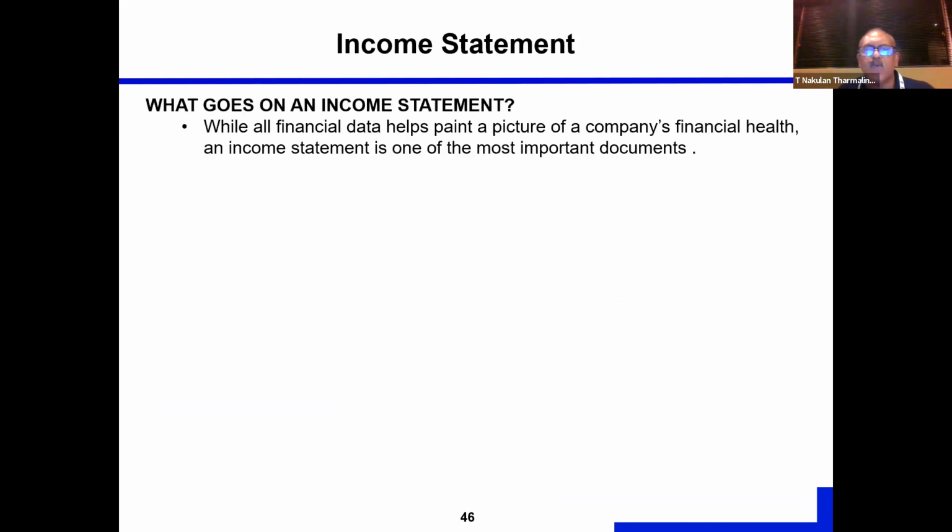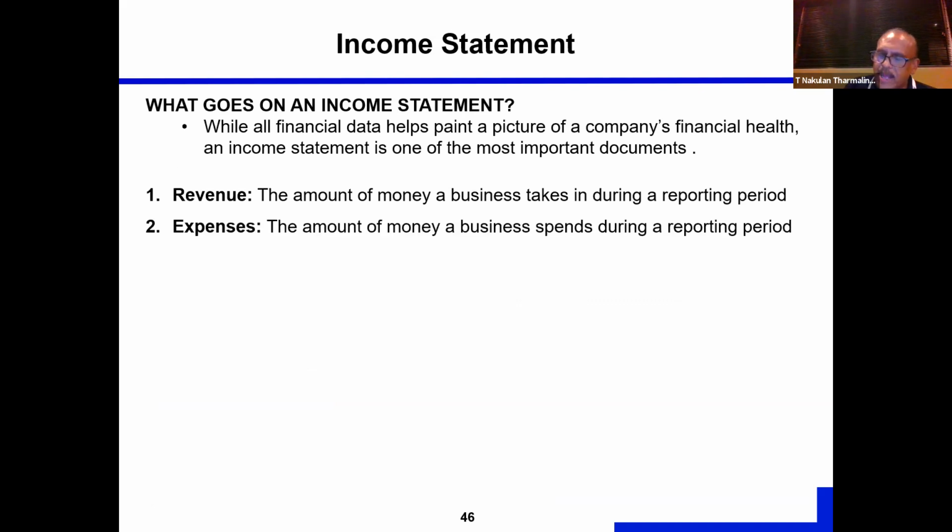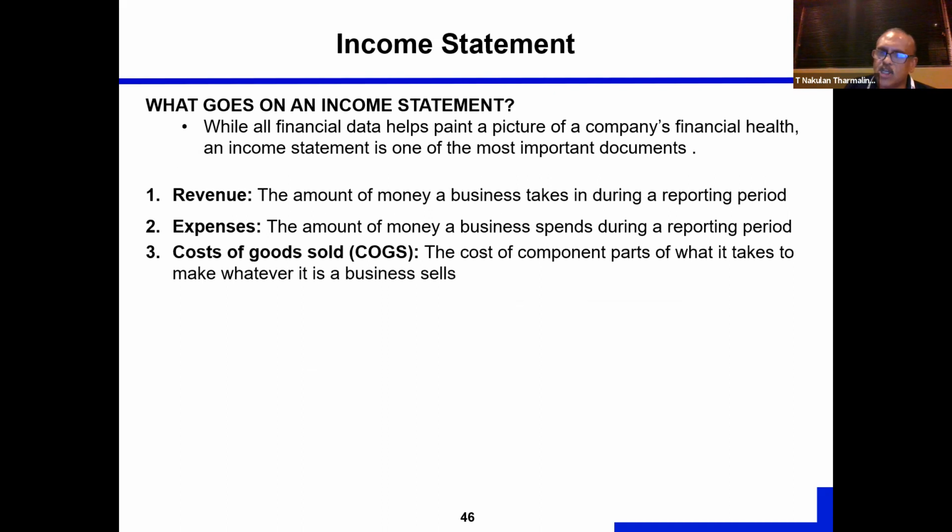So income statement, just a recap: the money a business takes during the reporting period, what are the expenses you incur, and cost of goods sold, which is typically for companies who are selling products. Gross profit is the first line of profit, the revenue you get less the cost of making that product.